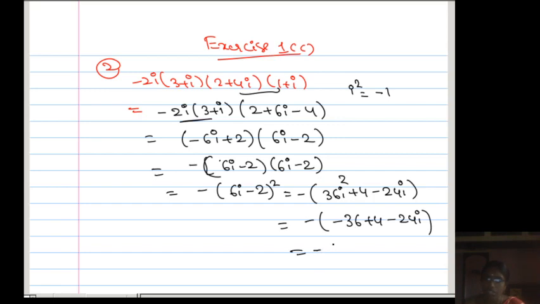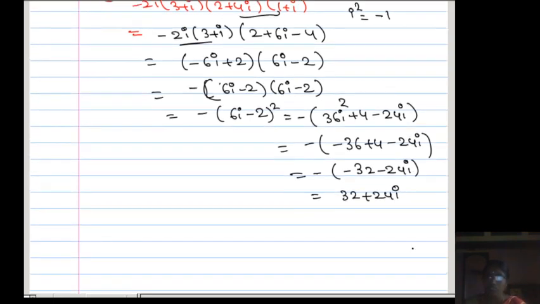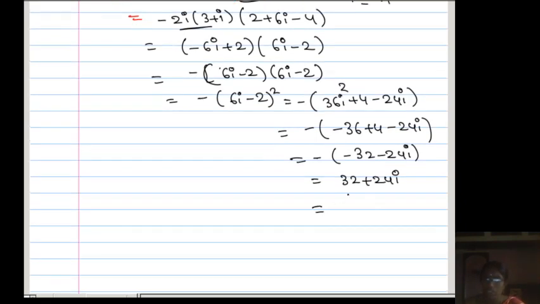So you can write here minus 32 minus 24. Taking minus common outside, minus into minus is plus, so your answer is 32 plus 24i. This is the simplification. Again you can also write this by taking 8 common: 8 times 3 is 24, 8 times 4 is 32.